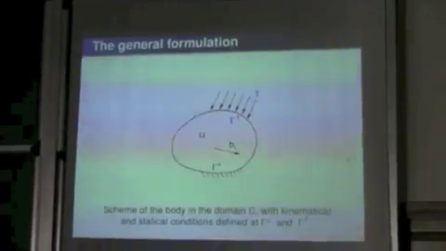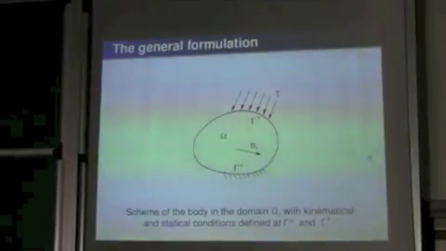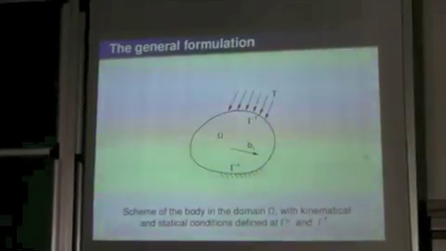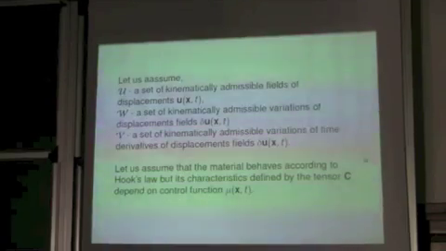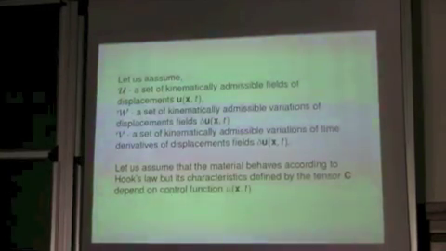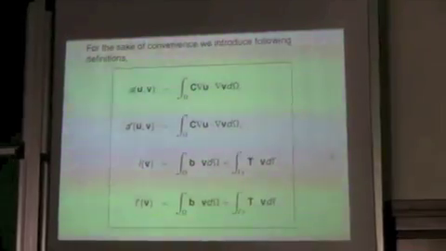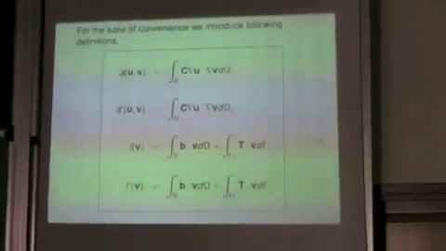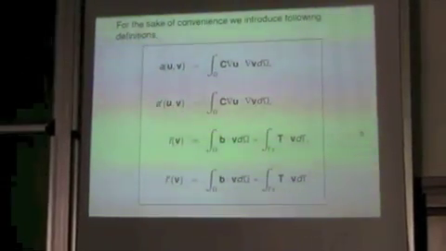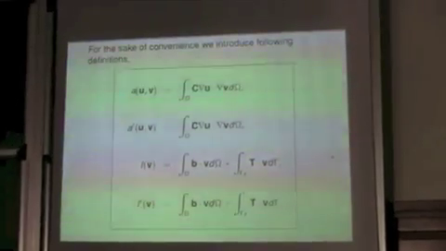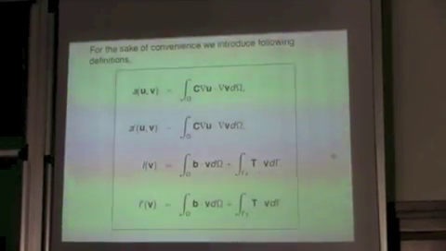So we consider the bone, normal bone, as in mechanics. We introduce some notation. U is the displacement vector. V is the test function.